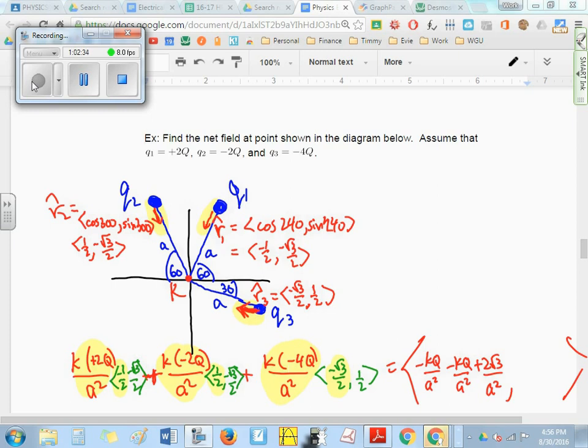It's because if you go back to the idea that positive charges have field lines drawn away from themselves, negatives have field lines drawn towards themselves. This one's going to produce a leftward component, and this one's going to pull in a leftward component, and this one's going to pull in a rightward component.